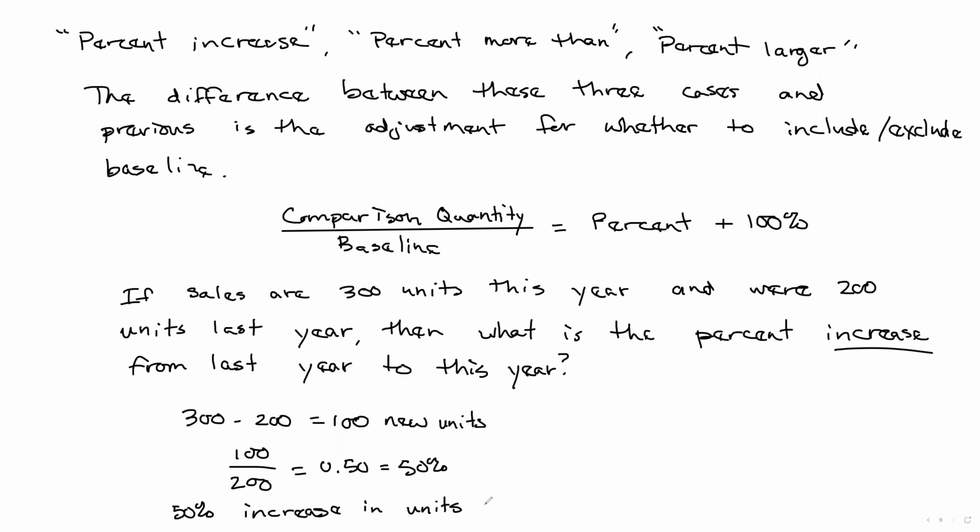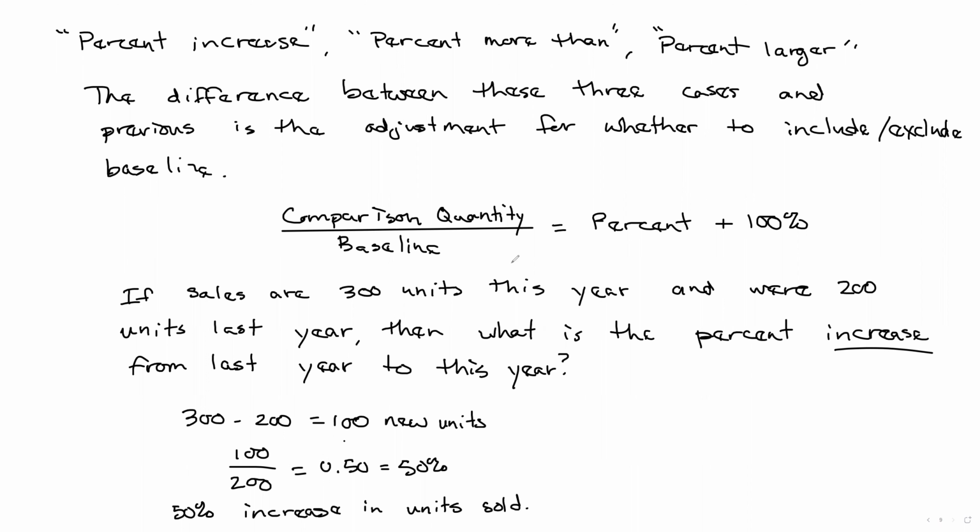So that's not how I'm going to do the problems normally. I'm just showing you a way to do it that really highlights the fact that for the percent increase, you've got to remove the baseline from the change in quantity to calculate the percentage. Okay, so that's one way to do it, but that's not how I'm going to do it.